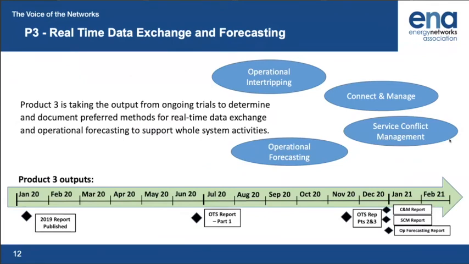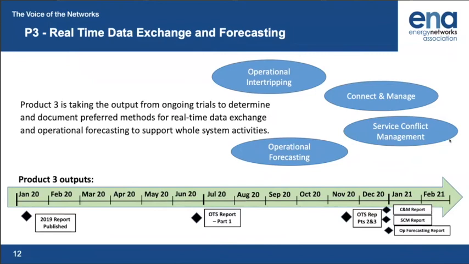It's looking at a number of different activities, such as the operational intertripping of distributed resources, how service conflicts are managed, and how a connect and manage situation might operate. That's where there might be limited network capacity, and you're trying to make the best use of that. And also we're starting to do a bit of work into operational forecasting.